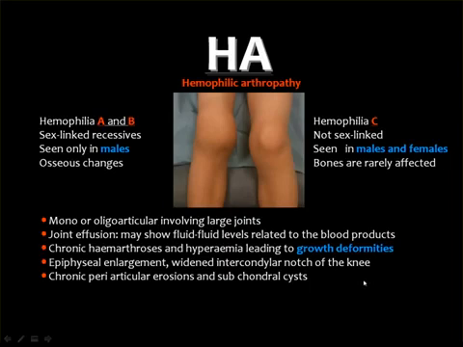Then we come to hemophilic arthropathy, and we have mentioned this type of bone disease many times before in the lecture on polyarthropathies and also in the lecture on bone and joint infection. But I have also included this topic here because of its intimate relation to the subject we are discussing.